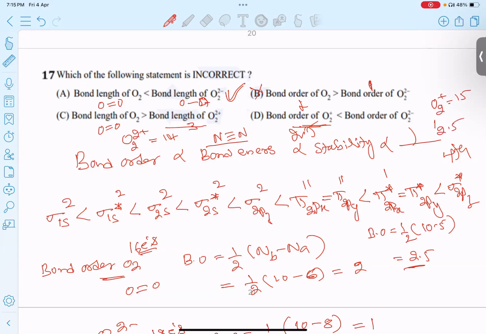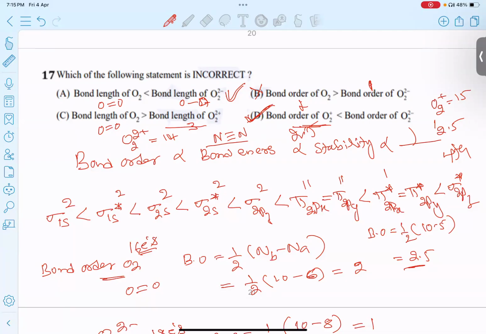So bond order of O2 plus is not less than bond order of O2 2 minus. O2 2 minus bond order is 1. Therefore, this option is incorrect. The correct answer is D. The statement is incorrect, but the answer is correct. Bond order of O2 plus is 2.5 and bond order of O2 2 minus is 1.